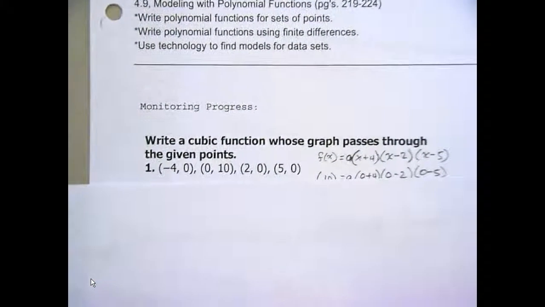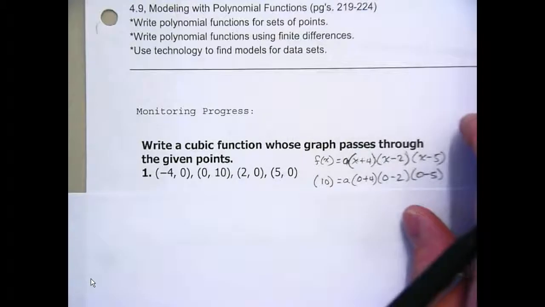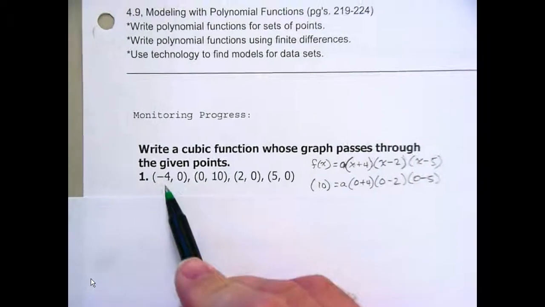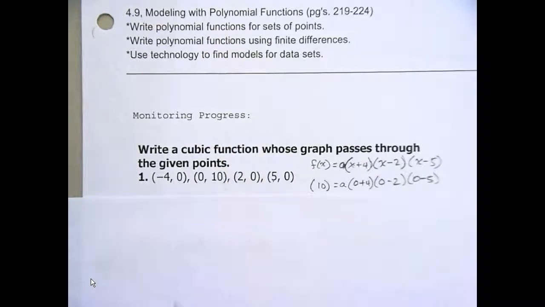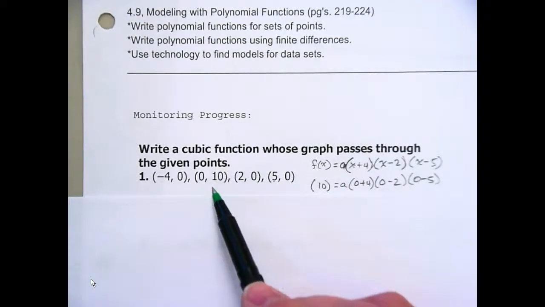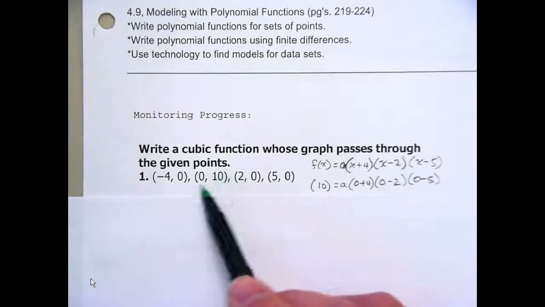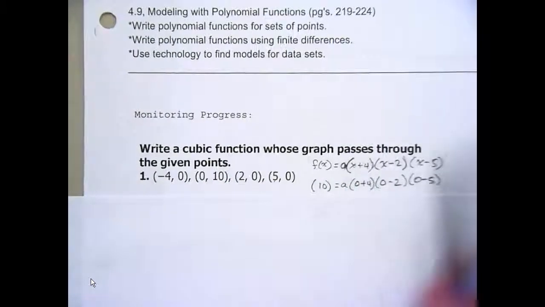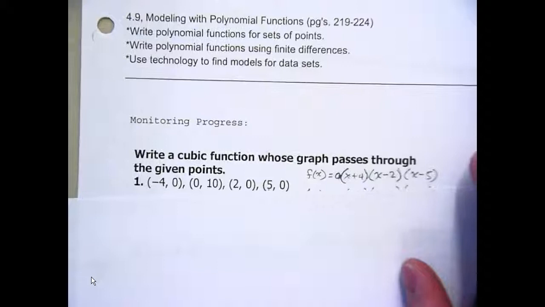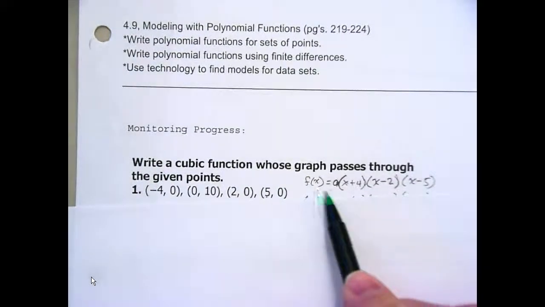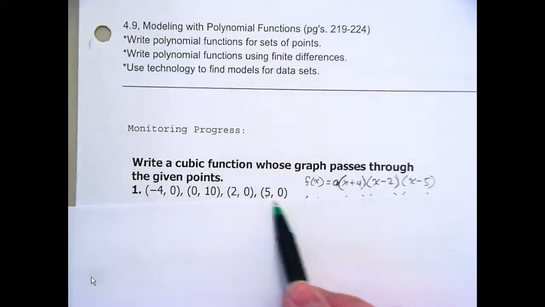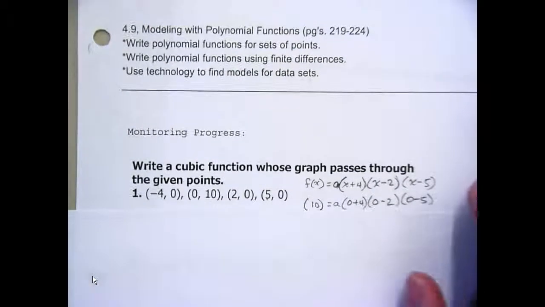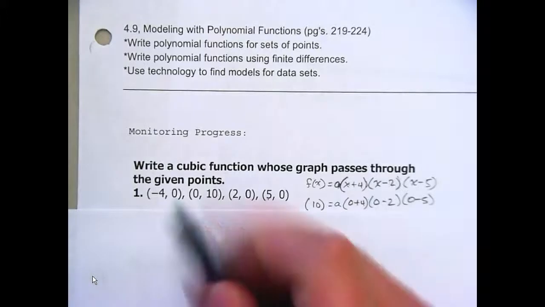Hey guys, please note that when I'm putting this in here, you'll note that the x-intercepts are the ones where they give you an integer value for x, a non-zero value. Your y-intercept, or the other point, is right here. So when I'm plugging this in and putting it in factored form, f of x equals a times x plus 4 for that, x minus 2 for that, and x minus 5 there, I then plug in my x and y value.